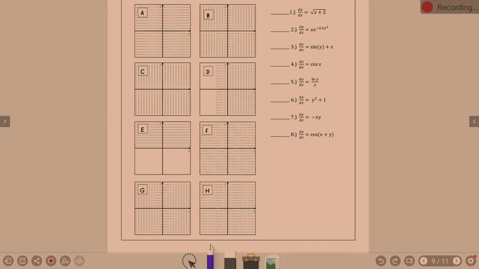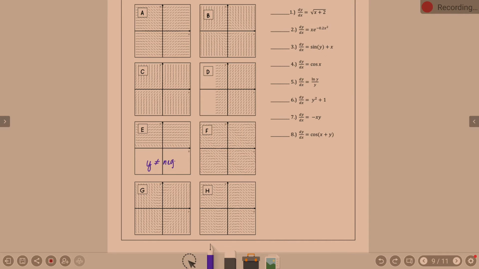Because you can't have the negative. So what's this saying right here? This is saying, no negatives. Well, okay, so this is saying that y does not exist when it's negative, right? So by looking at this, y cannot be negative, okay?